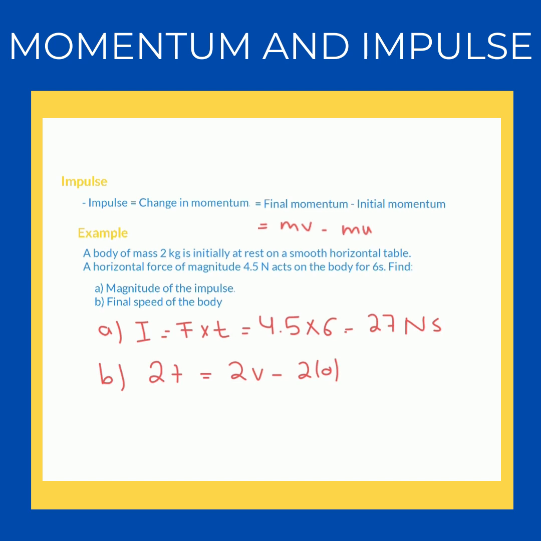So 27 is equal to 2v, so v is equal to 27 over 2, and the answer is 13.5, and the unit is meters per second.